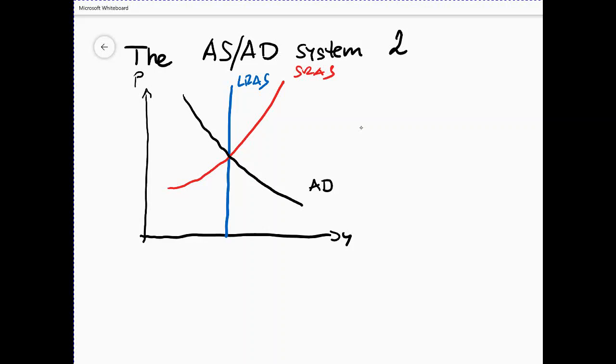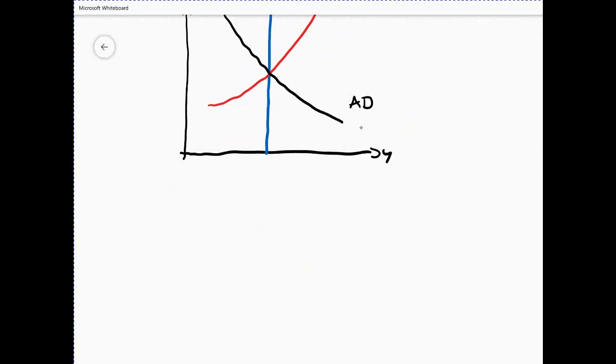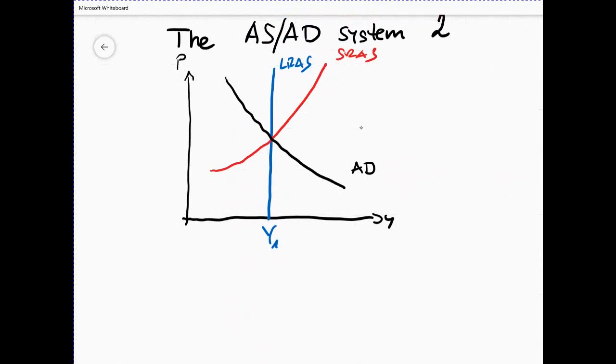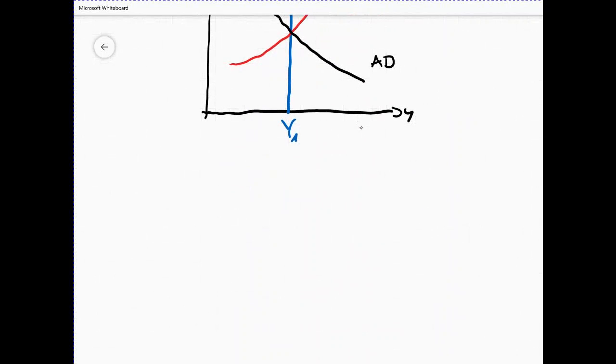Let's start with the long-run aggregate supply curve. The long-run aggregate supply curve is just going to give us the potential level of the GDP. So first let us discuss what is the potential level of GDP.